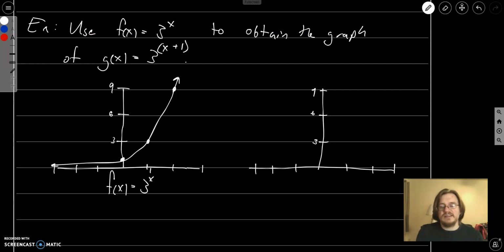When we replace x with x plus 1, this is going to be a horizontal shift, so we're shifting it from side to side, and we're going to shift it to the left 1. So this is what happens when we add 1 to this. So we're going to shift everything to the left 1.